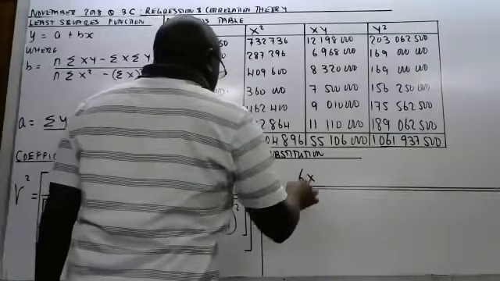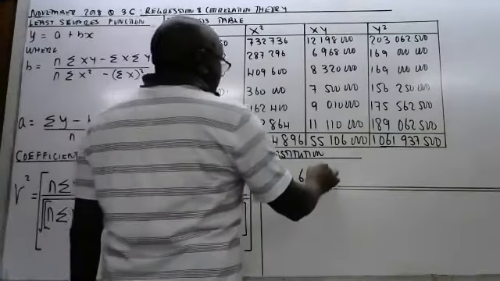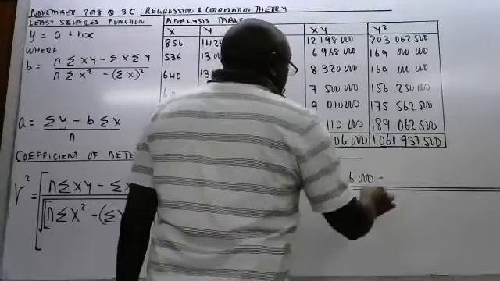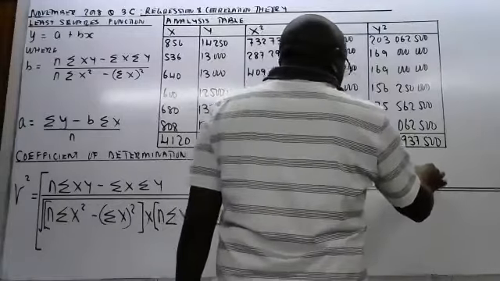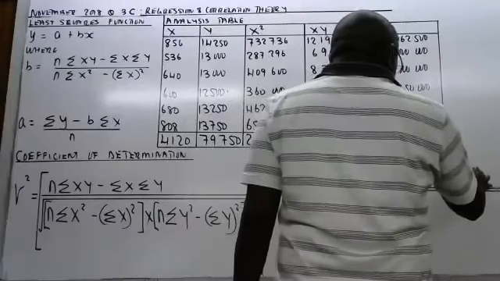So 6 times sum of xy, that is 55,106,000, minus sum of x, 4,120, times sum of y, 79,750.